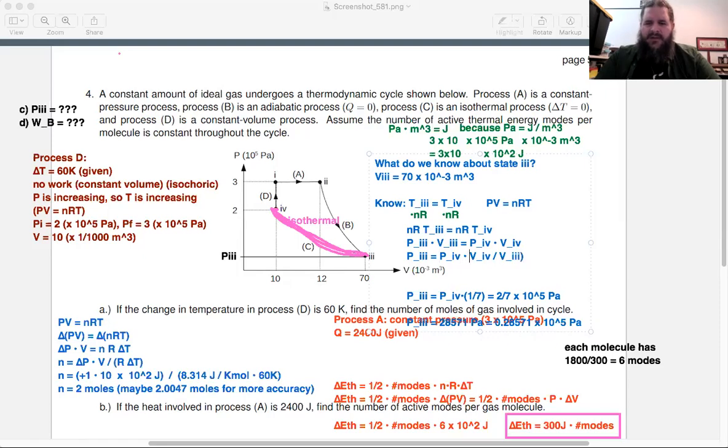Grouping the volumes together, that's just a ratio. Volume 4 over volume 3, that's volume 4, which is 10, over volume 3, which is 70. 10 over 70 reduces to 1/7. Yes. Okay. I see now. Thank you. You're welcome. Any other questions on that?